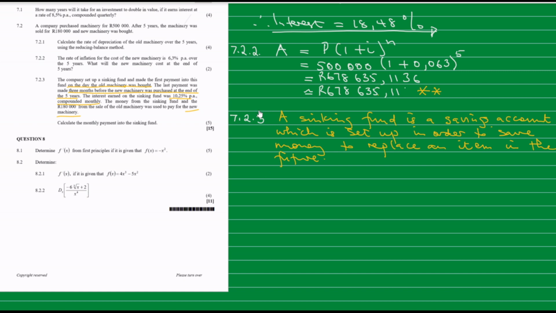So what we need to do is first to look at the difference. For our sinking fund, we are going to take the difference between this amount, 678,635.1136, and subtract 180,000.